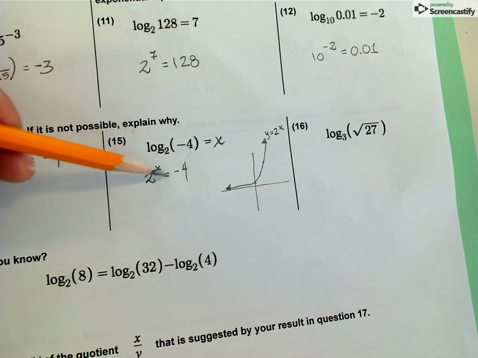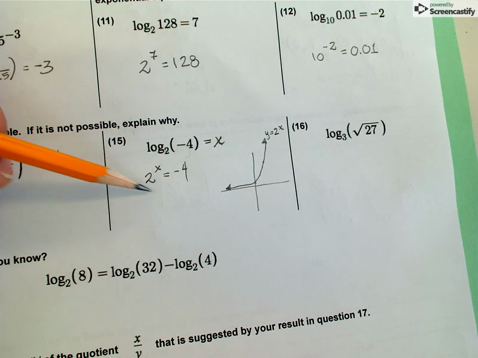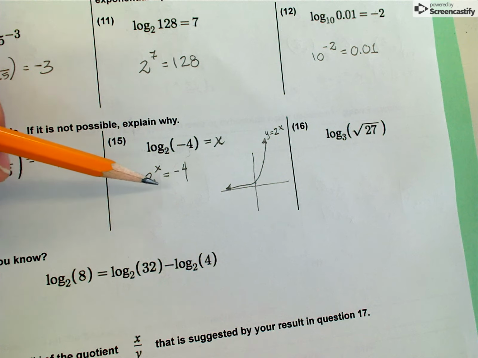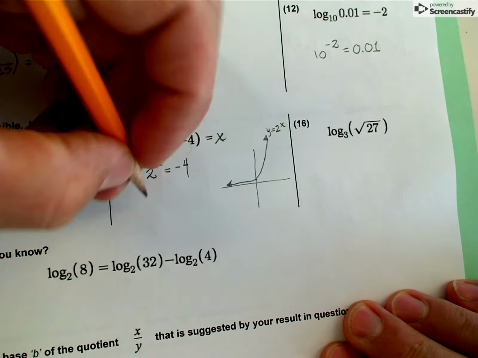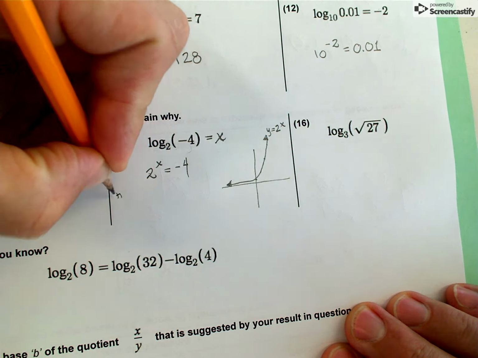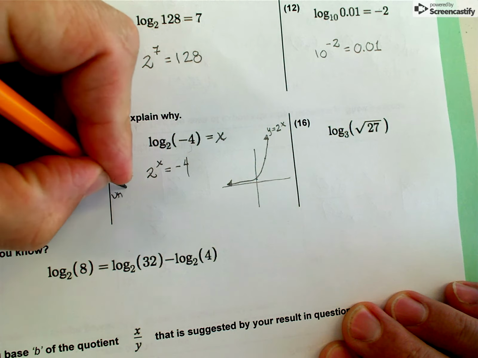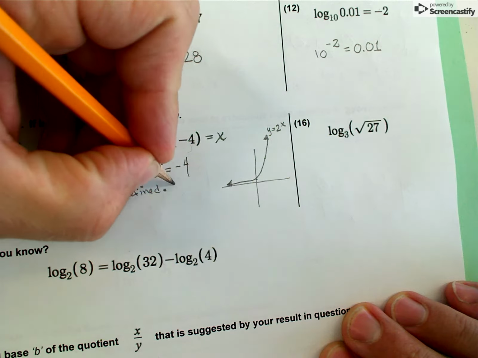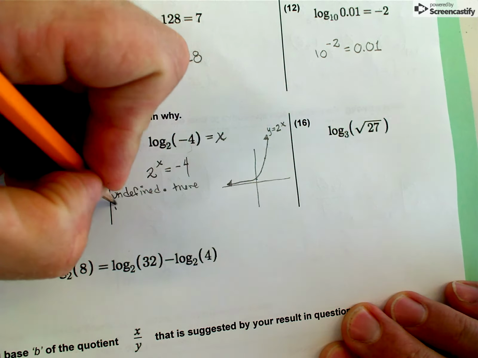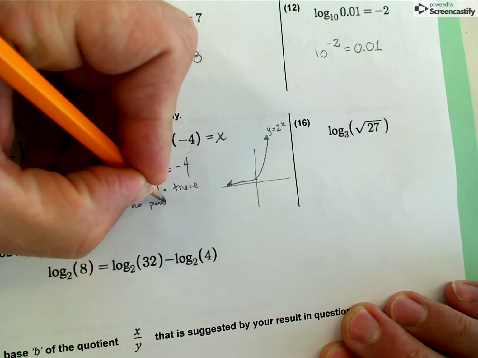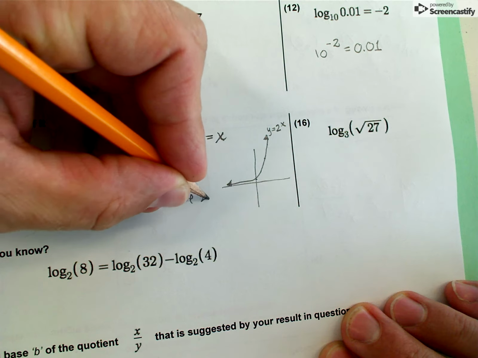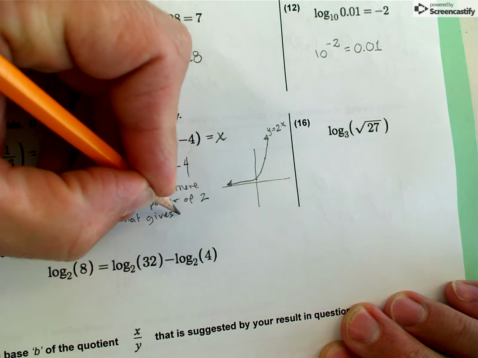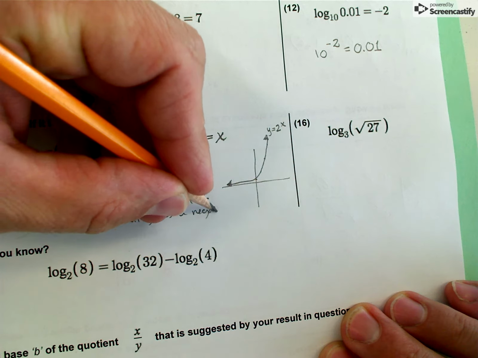In other words, there's no value of x that's going to give us a negative value when we raise 2 to that power. So not possible, or undefined if you like. Let's just write undefined. There is no power of 2 that gives a negative result.